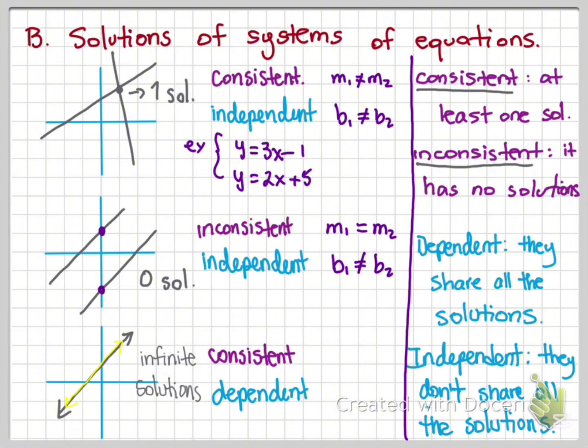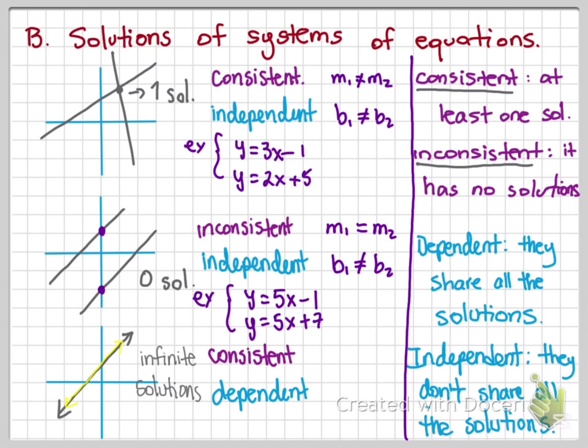And that's kind of like saying the location. Where does the line go through? Now, if we think about an example in this case, it will look something like this. y equals 5x minus 1 and y equals 5x plus 7. So notice the m's are the same. The m's are 5. And then the b's are different.